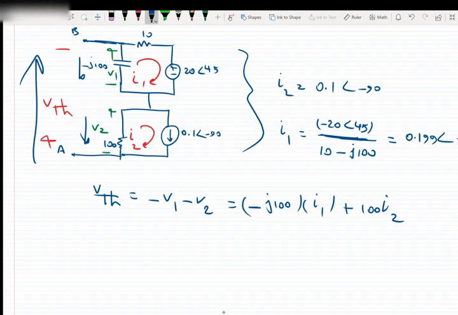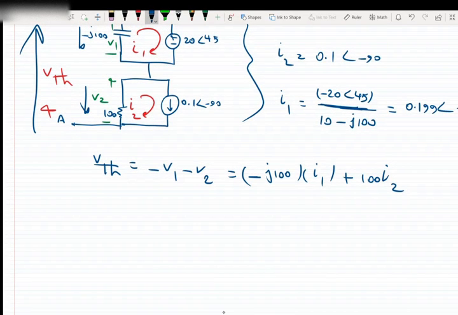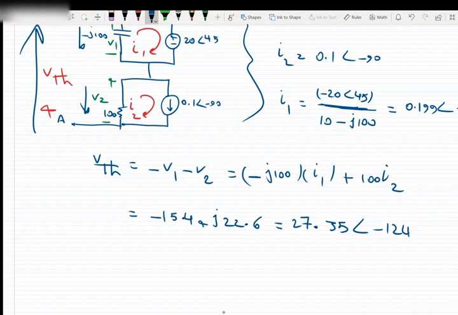So this is minus V1 minus V2, and it's equal to negative 15.4 plus J22.6, or we can say it's equal to 27.35 with the angle of negative 124.3.